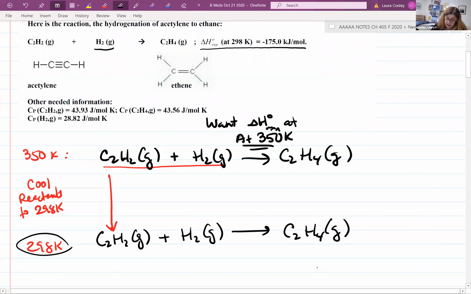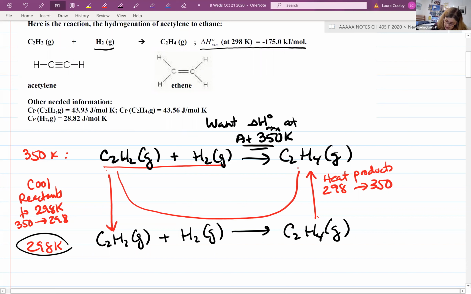Okay, and now I need to heat the products. So you cool the reactants from 350 to 298. I'm going to heat the products from 298 to 350. And you can see that I've created this three-step process. So this is 1, 2, and 3.